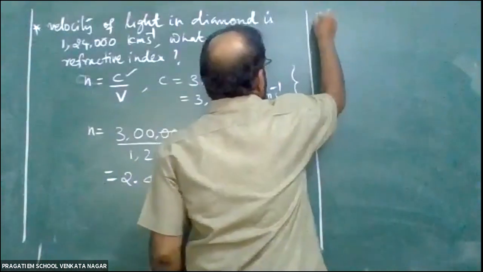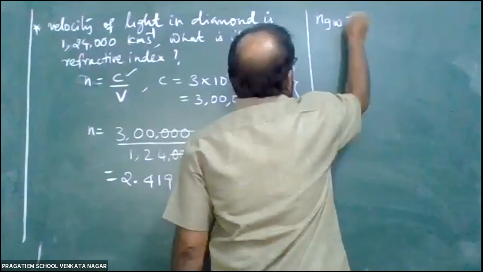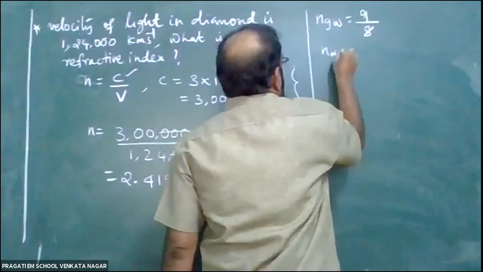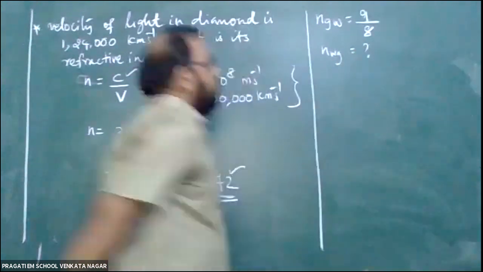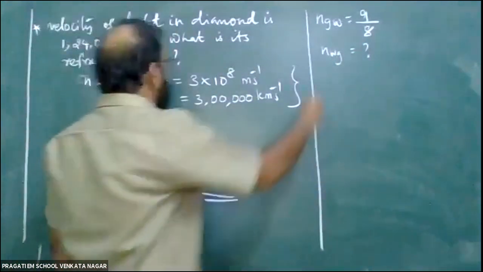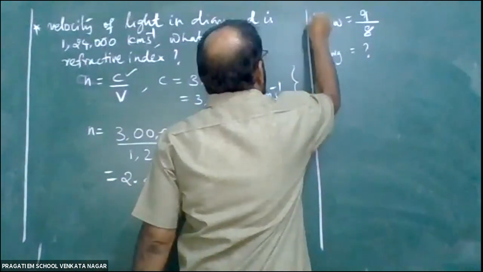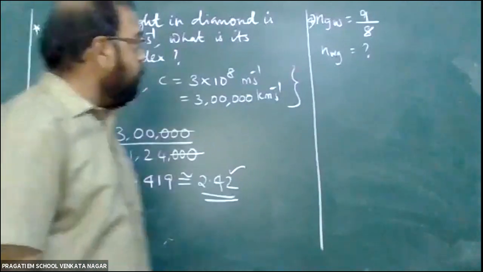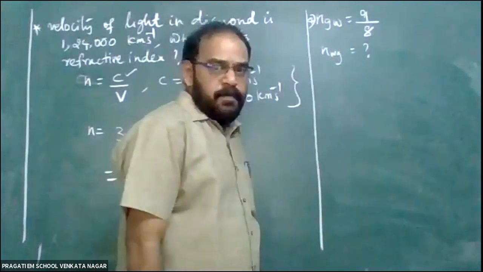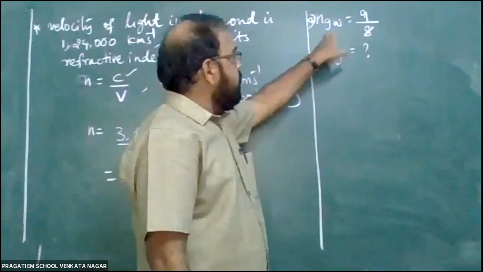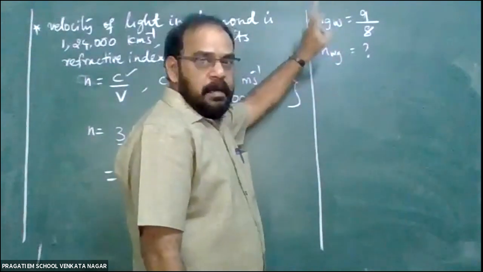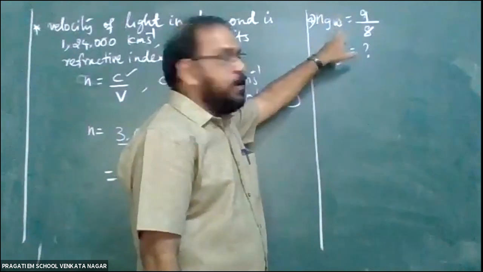Now see another small question. Let us try this one. What is the meaning of this question? First you see N G W, refractive index of glass with respect to water.